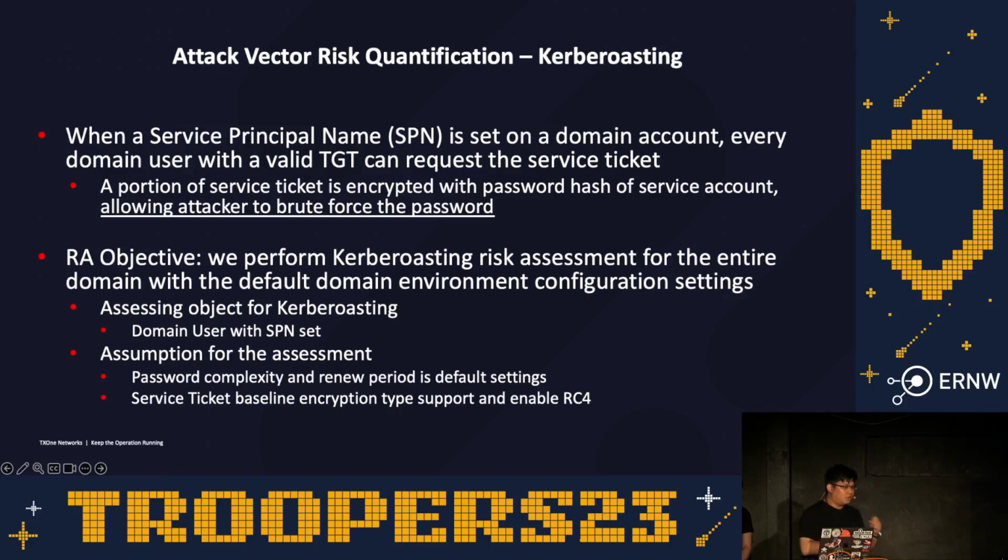But if we would like to assess a specific group, for example the IT group, R&D group, or anything else, we use the risk assessment objective to limit the scope. Based on this RA objective, we can narrow down and analyze everything we need, including threat initiation, threat occurrence, and predisposing condition.